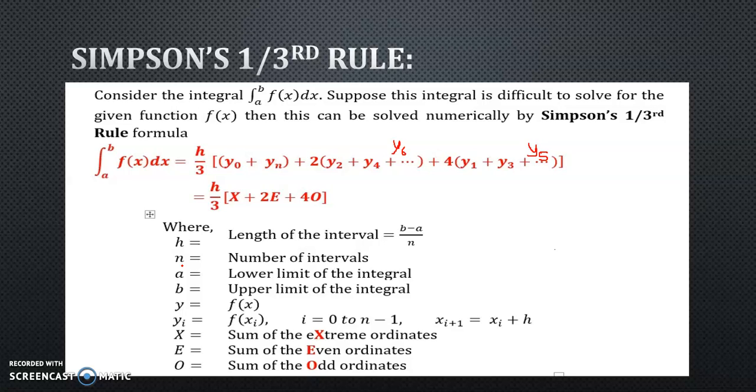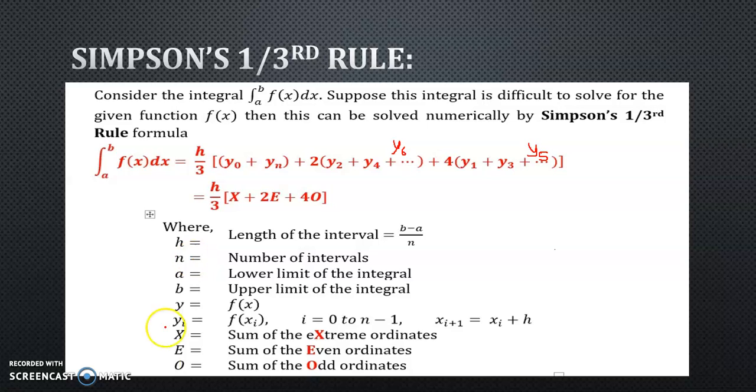As I told you in the last lecture, suppose x values and corresponding y values are given in tabular form, there will be values like x0, x1 up to xn. So x0 to x1 is the first interval, x1 to x2 is the second interval, and so on up to the last value of x. The total number of intervals is n. We will talk about this more when we come across an example.